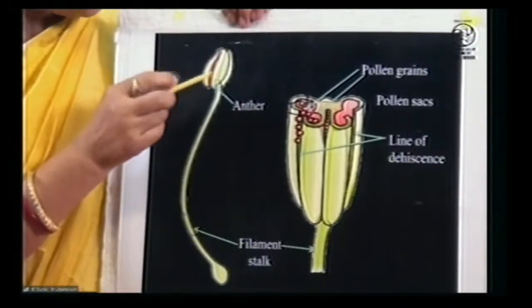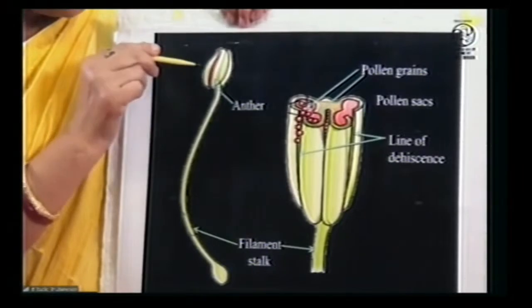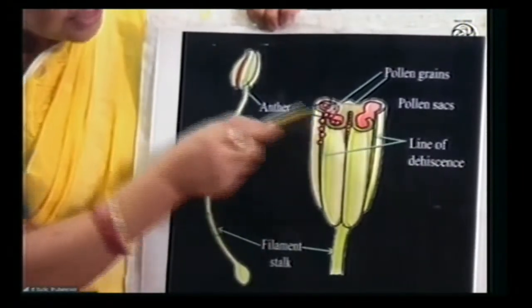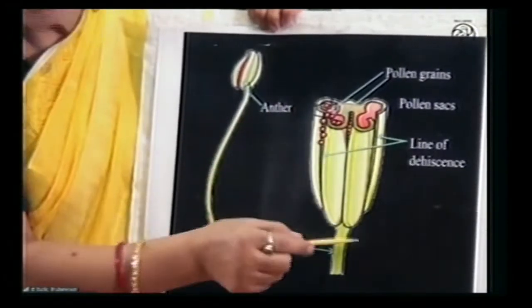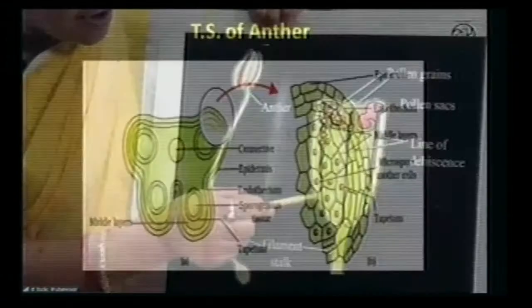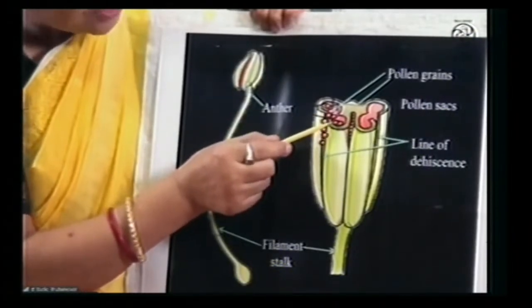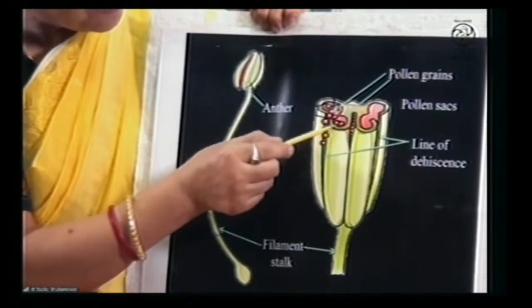So when we take a transverse section of this anther, how does it look? Let's see. When we take a transverse section of the anther, it will look like this. So 4 theca per anther are present: 1, 2, 3, 4. These theca are longitudinally arranged. And inside each theca, you can find a round or oval mass of tissue.